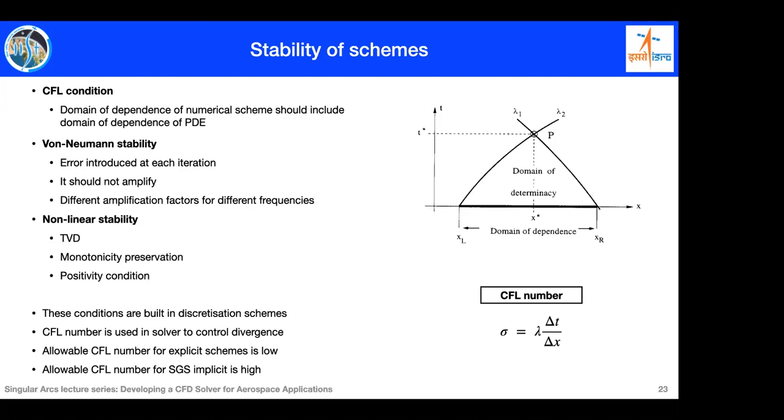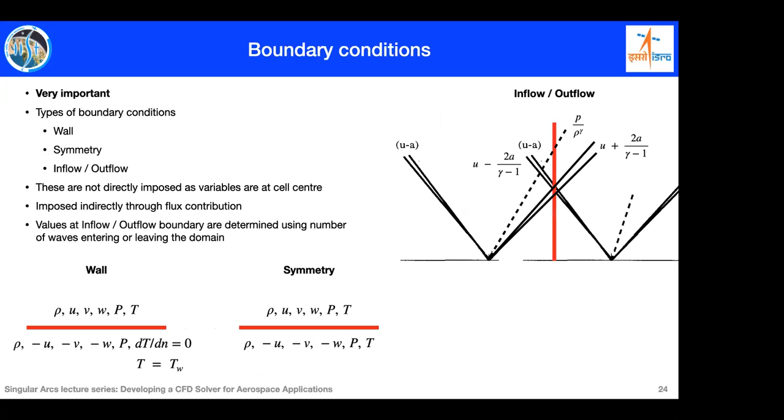For explicit schemes, the CFL roughly is less than 1 or sometimes even less than 0.5 or 0.4. Whereas for implicit with symmetric Gauss-Seidel, I have tried some simulations even with 1000, 10,000 or 1 lakh CFL. After a certain point the CFL number does not have any meaning as such, but even for very high CFL, it goes through.